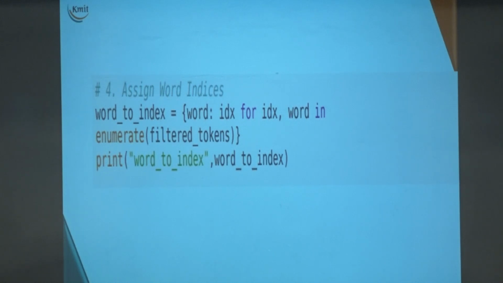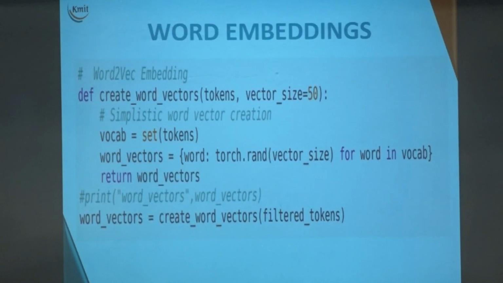Okay. Now, here we are not printing the vector for you. You can actually print and check the randomly generated vector. So for a particular token, what should be the vector? You can print and check in your previous example also. You can print the word vectors and check the 50-sized vector that has come.